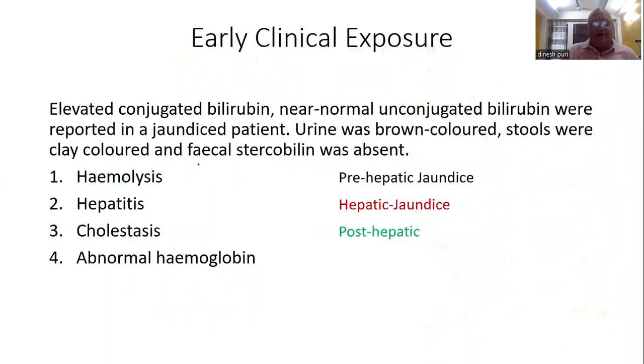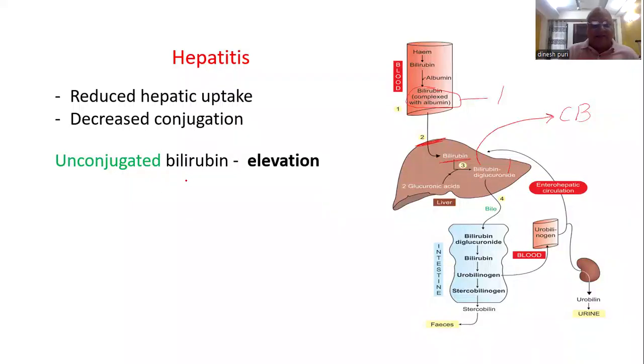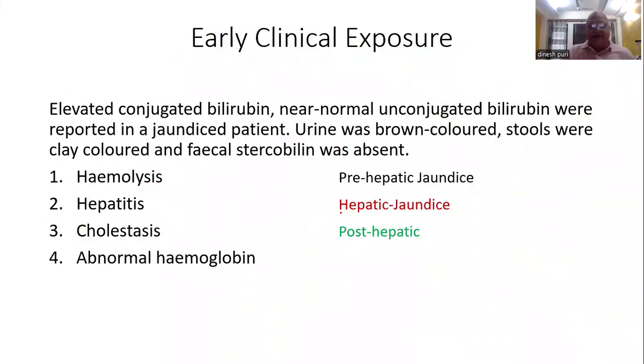So what happened? Unconjugated bilirubin elevation was happening, and at the same time conjugated bilirubin will also be elevated. This is called biphasic rise of bilirubin.